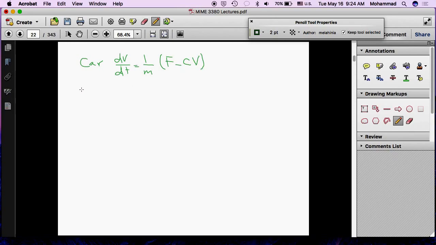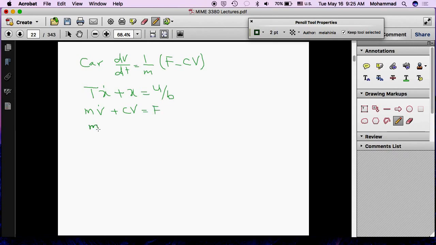So what is the time constant? Again, the form is this. We want to have T x dot plus x being equal to u over b. So the equation becomes m v dot plus c times v is equal to f.